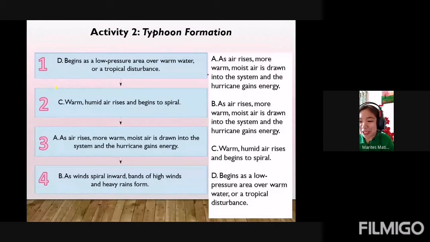Ito yung nagkamali ako. As wind spirals inwards, bands of high wind and heavy rain storm. Oh, so it must be DCA. Bonus nyo yung number 4. Okay, so congratulations mga anak.